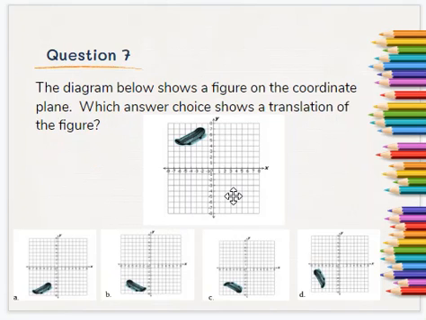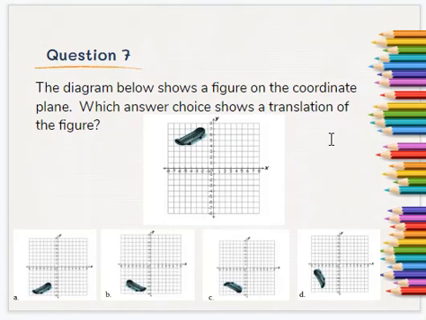Now, question 7. Which one of the 4 diagrams shows a translation of the figure? The figure looks like a skateboard. So now, your question, translation, is that think about what happens to your object.